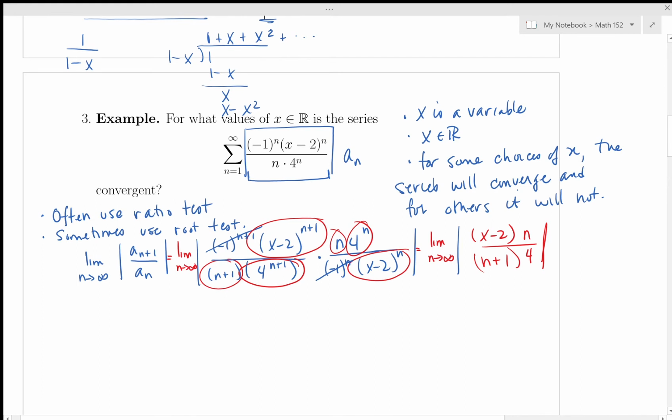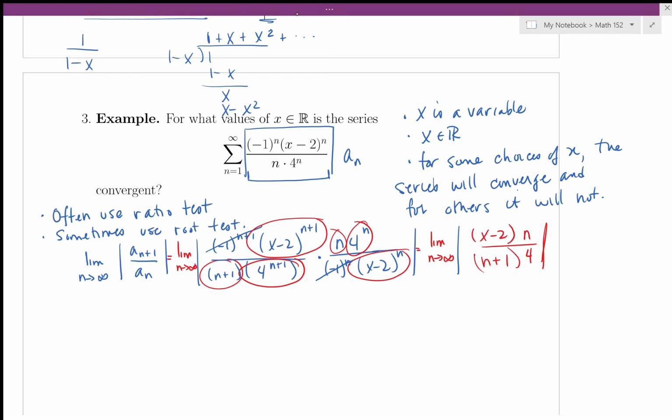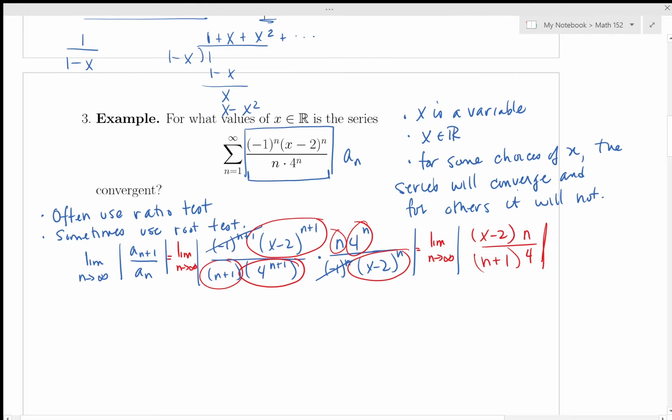Okay, so I want to take the limit as n goes to infinity of a_(n+1) over a_n, and I've simplified this down a bit. Now when I look at this, I can take the limit with respect to n.